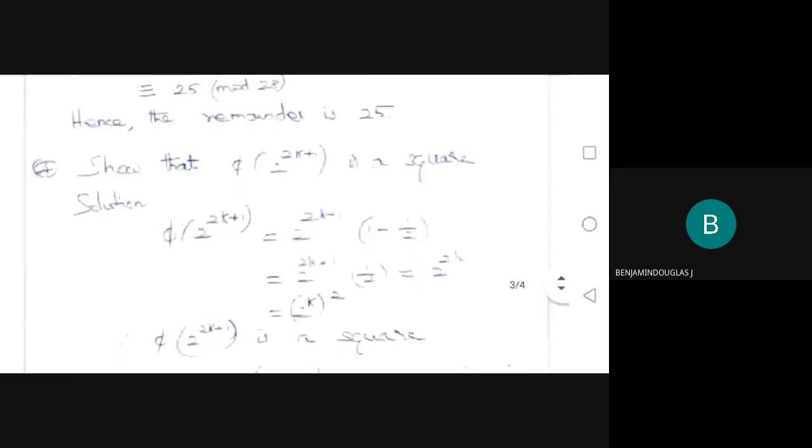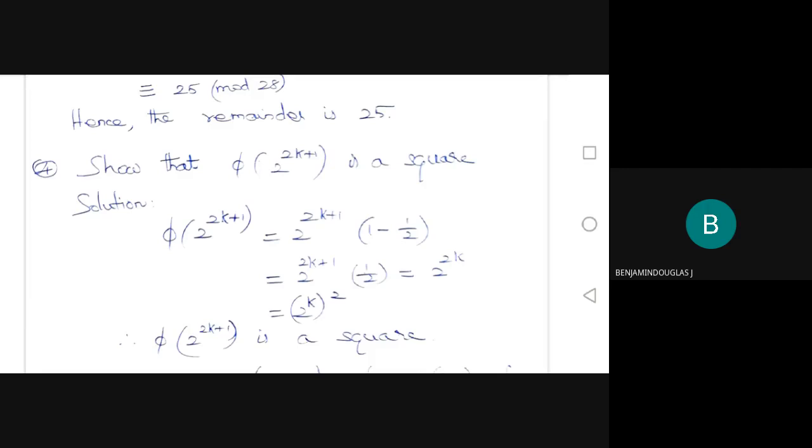Look at the base. Base is 2. So 1 minus 1 by 2 is 1 by 2. So when 2 power 2k plus 1 is divided by 2, you can get 2 power 2k. Okay. So the 2 is reduced. Therefore 2 power 2k can be written as 2 power k the whole square.